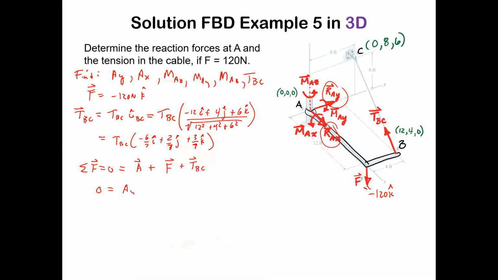If you do it this way, you're going to have AX times I plus AY times J plus AZ times K. There's no AZ, so don't write that.